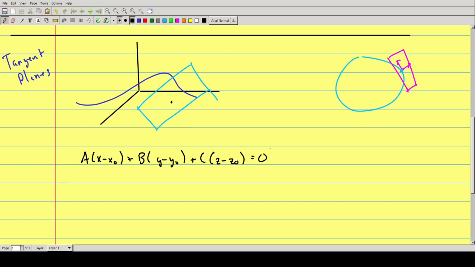We can do some extra computations with the goal of isolating z, because for these exercises, we are, of course, thinking about z as being a function of x and y. So we want to recast things using this relationship. Okay?